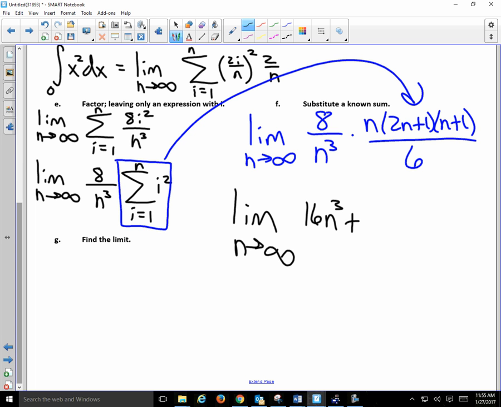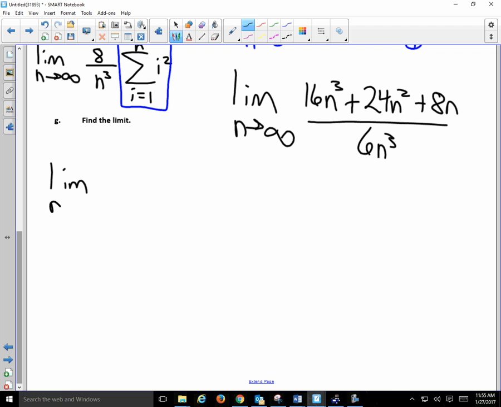The middles, I'll get 1n and 2n. 3n times n, 3n squared times 8, 24n squared. What's my last term going to be? 8n. What's the denominator? 6n cubed.